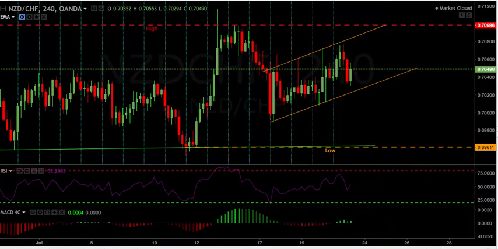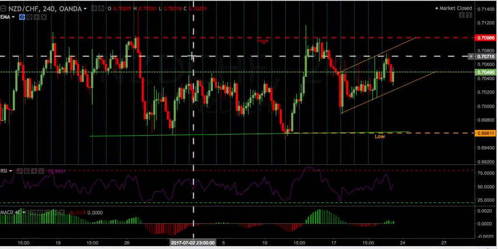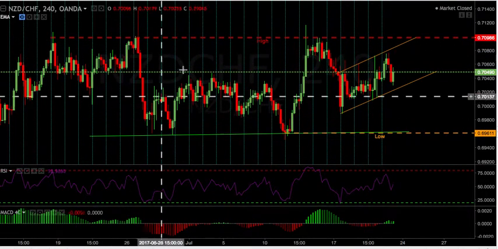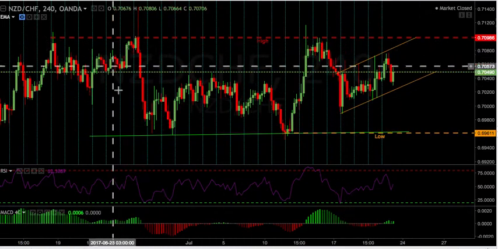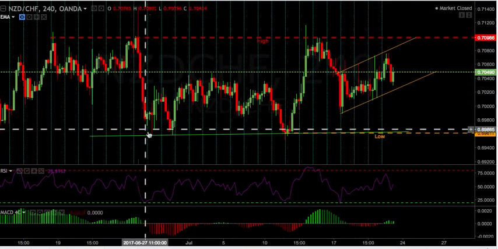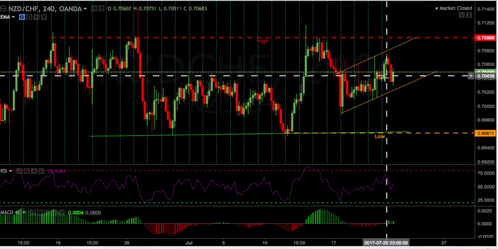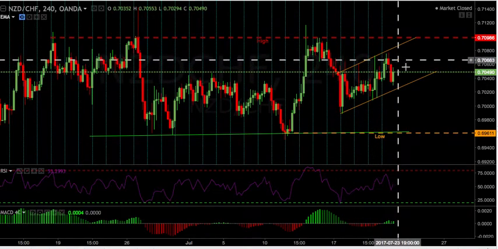New Zealand chief. It's almost the same type of dilemma as the New Zealand cat. It's just holding within this zone, making little movements, bearish impulse, hold, bullish impulse, hold. And currently it looks like a flag pattern setting up.